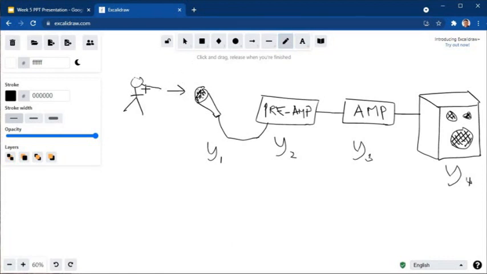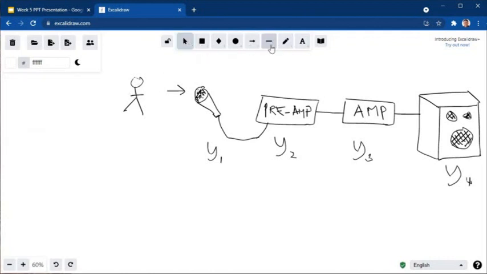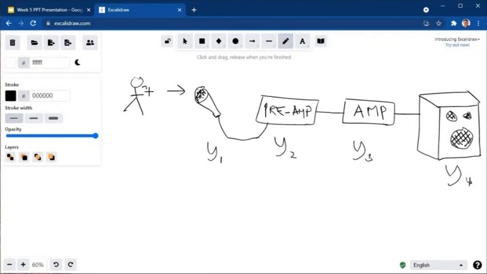It will make a few sounds into the microphone. So the microphone now will receive the signal.